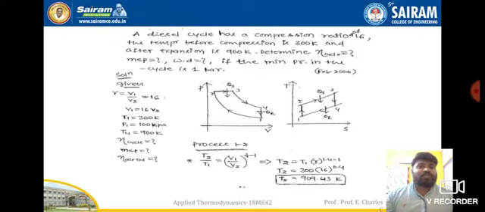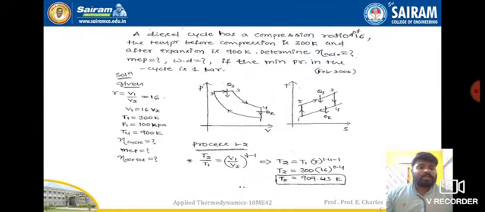So this is how you should understand what is before compression, what is after compression, and before expansion and after expansion. So 1 to 2 is a compression process, 3 to 4 is expansion process. Now, determine cycle efficiency, mean effective pressure, work done if the minimum pressure in the cycle is 1 bar. If you look at the PV and TS diagram, there are 4 different states.